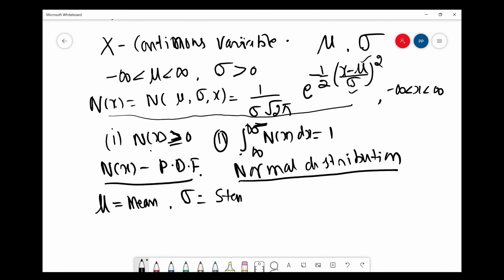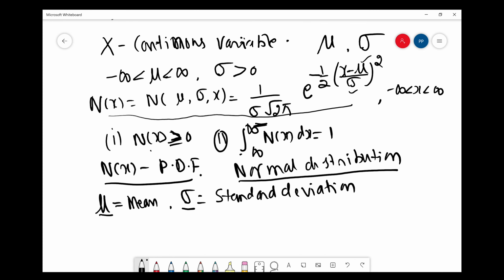We can show that using the gamma function. The derivation is not included in the syllabus, therefore just remember that mu and sigma are the mean and standard deviation of the normal distribution respectively.